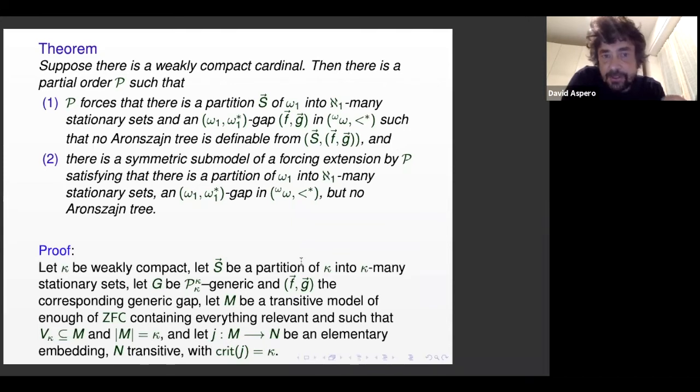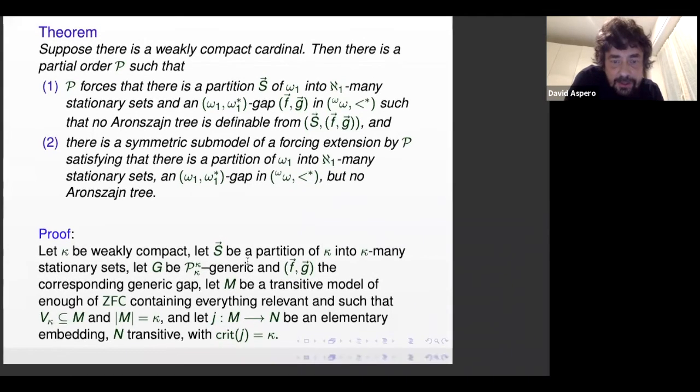And also there's a symmetric submodel of a forcing extension of P which satisfies that there's a partition of omega 1 into omega 1 many stationary sets, there's a gap, but there is no Aronszajn tree.